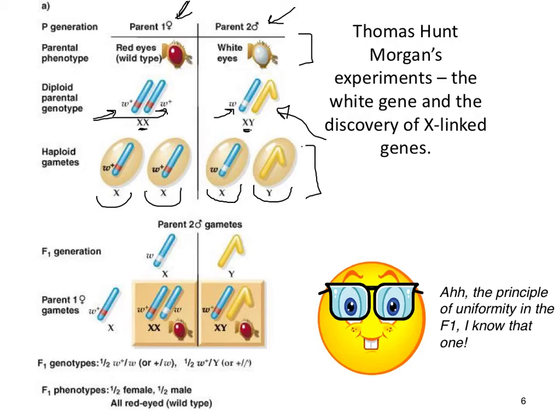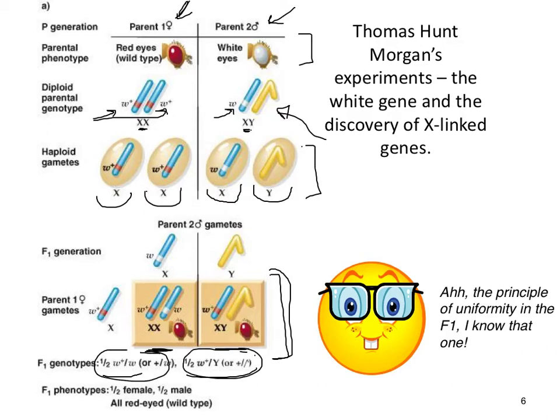When those gametes fuse, the possible F1 progeny are shown down here. So you can get these females and these males. The F1 genotypes and phenotypes are a half this and a half that. Here we've got the females and here we've got the males.